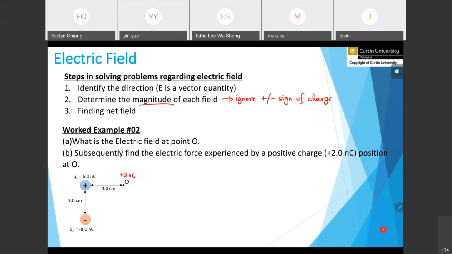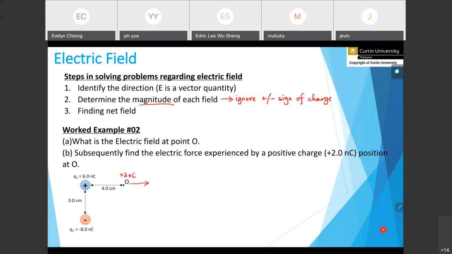So how do we calculate the electric field? For positive charge Q1, the electric field will be pointing outward radially, isn't it? For the test charge at position O, it is of the same charge, positive and positive, so it will feel this way.